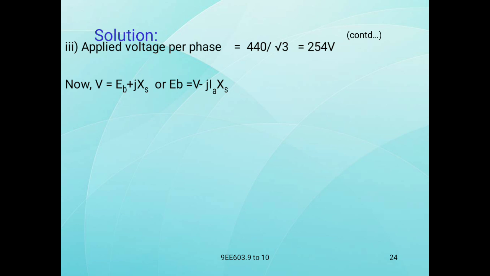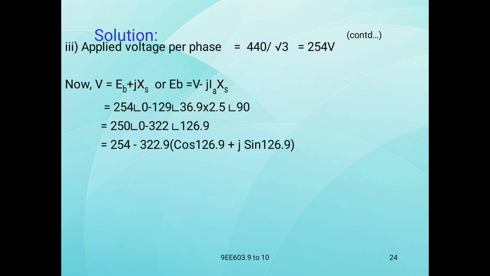Now V is equal to Eb plus j Ia Xs, or Eb is equal to V minus j Ia Xs. Now here we get the value 254 angle of 0 minus 322 angle of 126.9, which is 254 minus 322 within bracket cos 126.9 plus j sin 126.9.